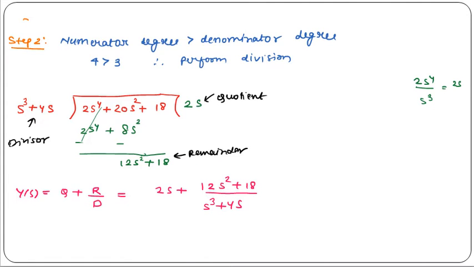So now if we check this function, the numerator degree we are getting now is 2, which is less than the denominator degree. Okay, so the numerator degree is 2 and the denominator degree is 3. So now we can apply partial fractions to this term.